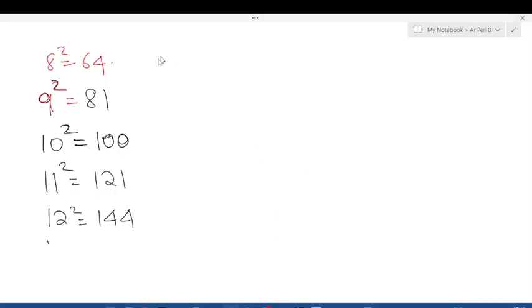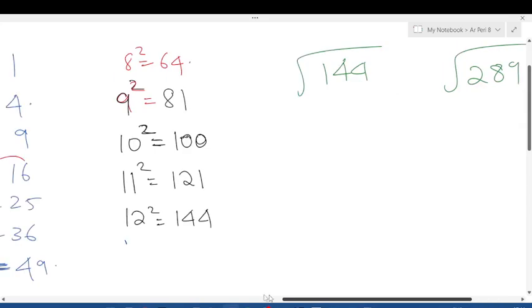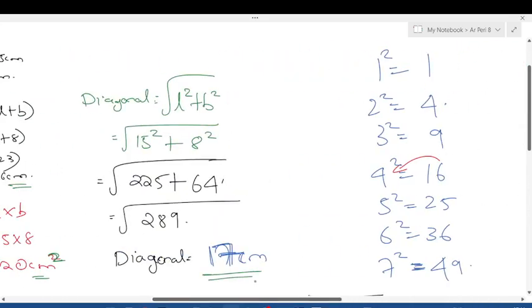If I write the square root of 144, you all should answer. 12 is the answer. In the same way, the square root of 289. That's the reason I gave the direct answer. What is the square root of 289? What's the answer we got? 17.